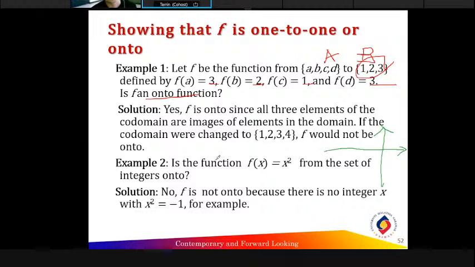We know that the minimum value is 0, so you get a U-shaped graph. Think from x equals 0 or y equals 0. In this case, we know that the codomain is not the same as the range. Your y-axis represents your codomain.